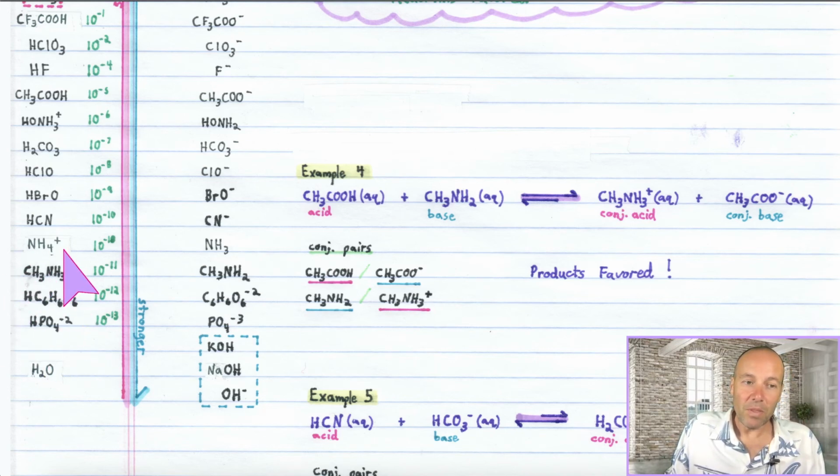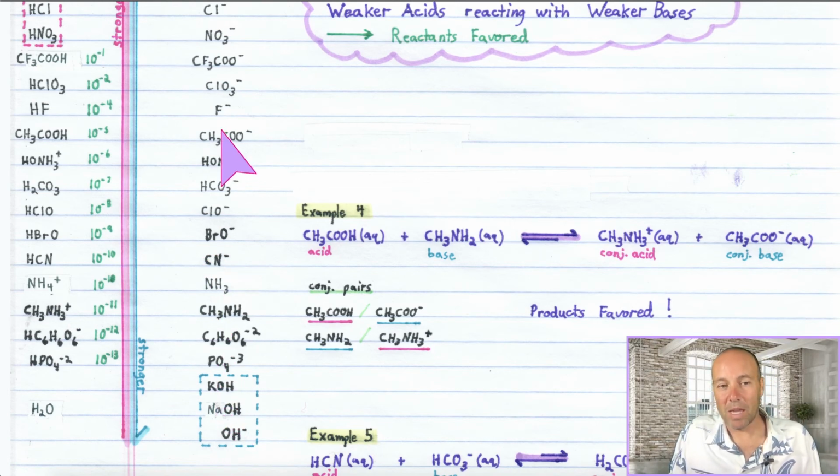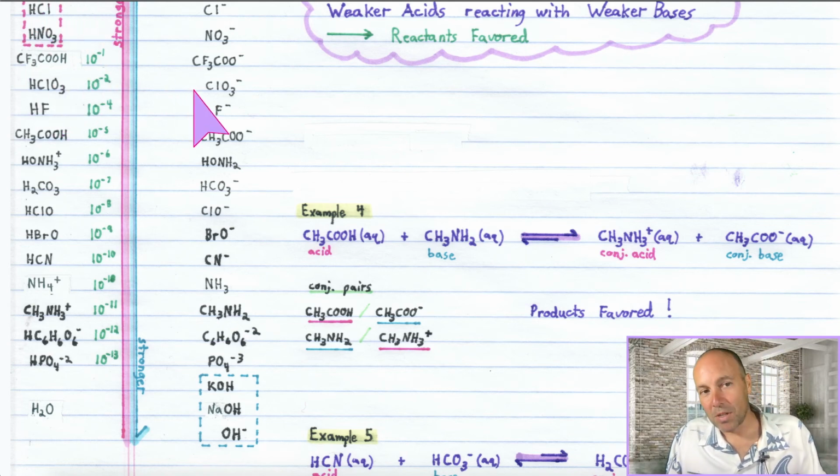So when you get down to the bottom of the base portion of the table, these stronger and stronger bases are trying to grab protons to turn into those guys. And as you get to the top of the acid table, these guys are trying to donate protons to turn into those guys.